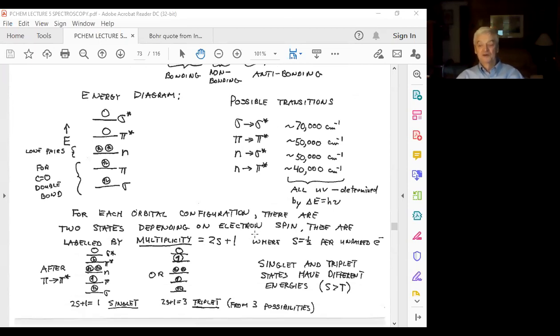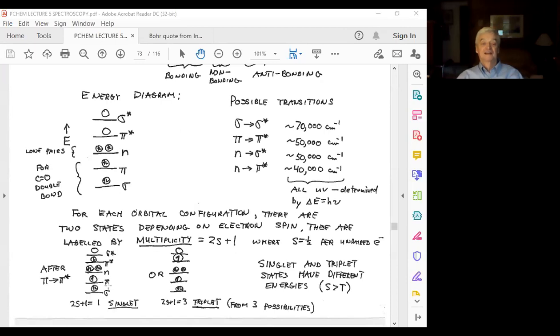Hate to do this to you, but we have 2 minutes left, so I'll tell you about one more thing. We're going to have a selection rule that says when electrons jump from one orbital to another, the spin of that electron can't change. So this is normally what would happen if I have a pi to pi star transition.